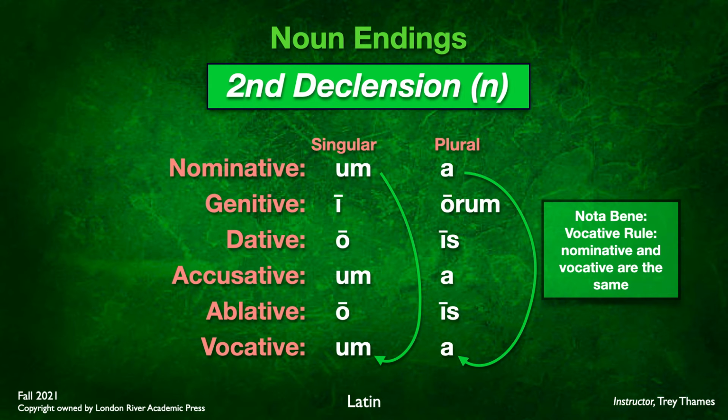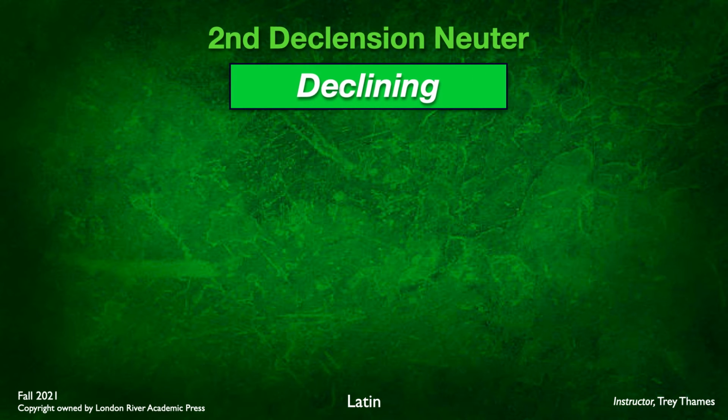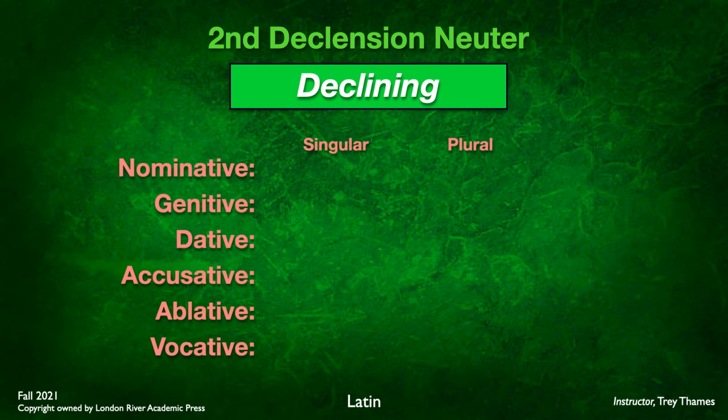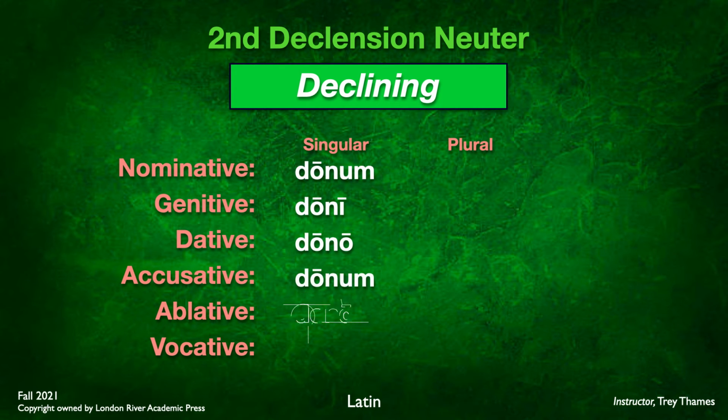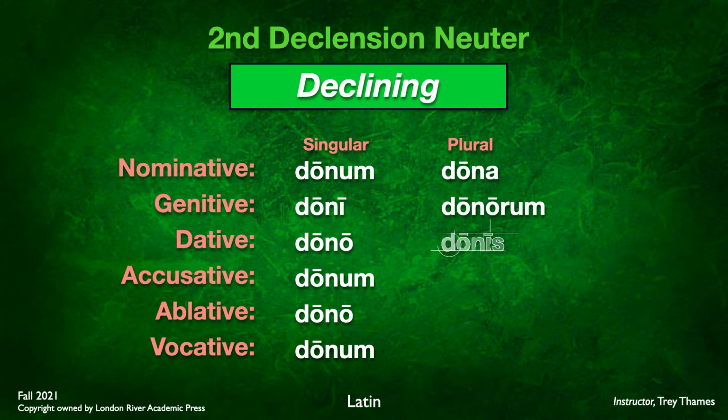We're going to use this word, donum, means gift. And so donum and doni are going to be the words you find in the glossary. And so if you remember, I said that you'll find the stem by removing the genitive ending. In this case, it's the letter I, and that leaves us the stem, or the base, don, D-O-N.